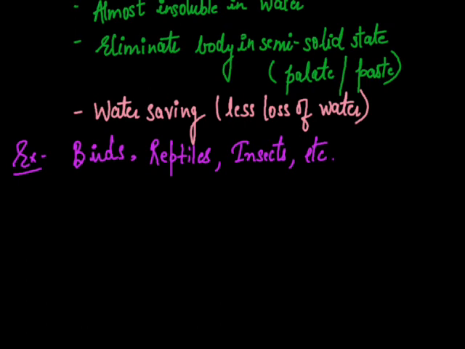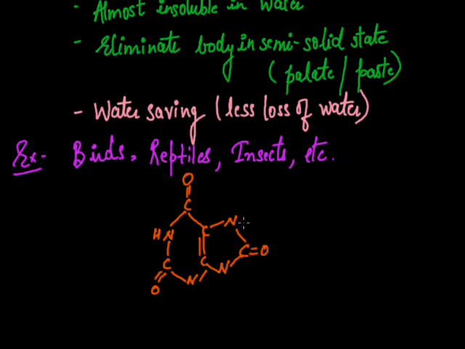If we see the structure of uric acid, it is somehow like this. It is having the purine ring. Here is the N. Here is the double bond. Addition of O. There is also the O group. NH. Here is N, C, N, and the link.